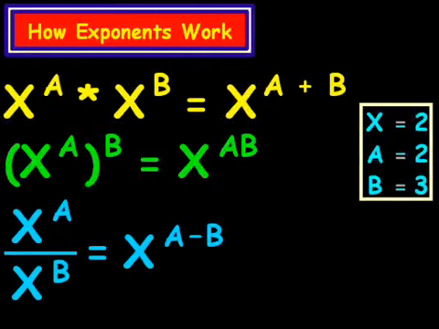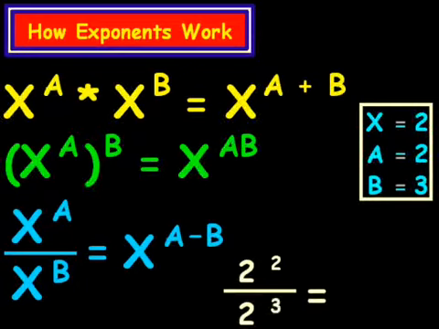Okay, first off we have x to the a, so x is 2, we plug in 2 there, and so it'll be 2 squared. Next we have x to the b, okay, we have 2 again for x, and then b is 3, so 2 to the third. Then on the right side we have x to the a minus b, so we have 2 to the 2 minus 3.